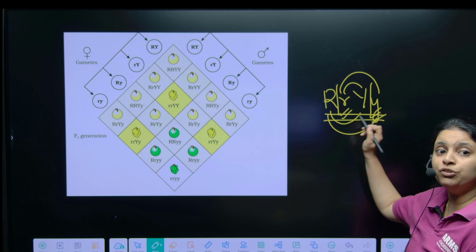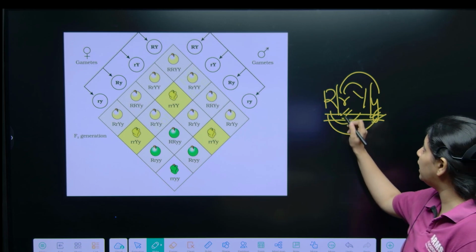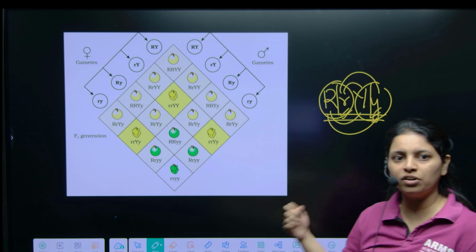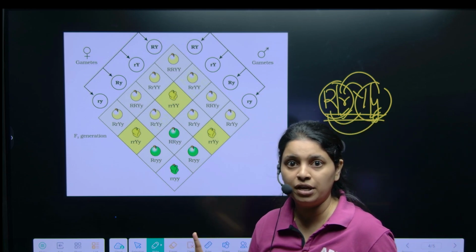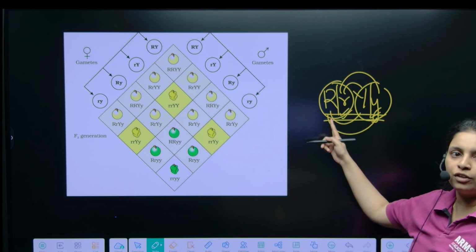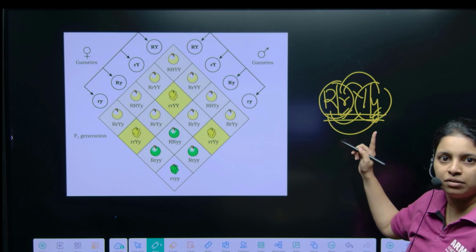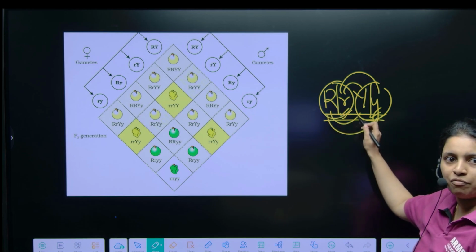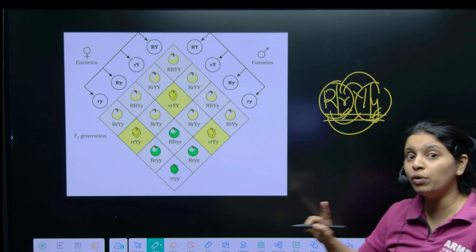When gametes were produced, basically segregation of R and Y, whether dominant or recessive, was always independent. Okay, it was not like capital R, so I have to go with capital Y. Was it like this? No. Capital R can move with capital Y as well as small y equally.